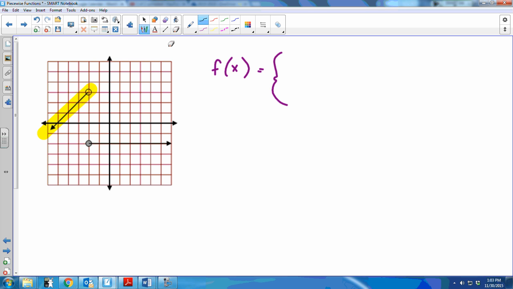This is a linear equation, right? Yes, this is a linear equation. So the easiest thing to do first is define the interval and then go back and write the equation for it. So between what x's is that part of the function following? What x values? Less than -2.